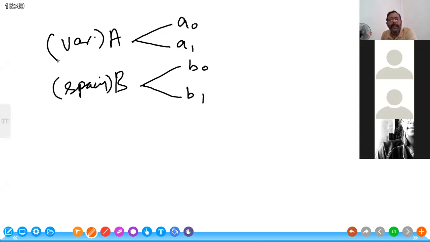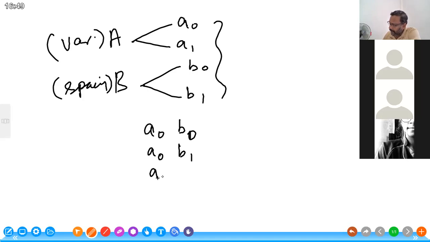Right? So let's say A is a variety, B is a spacing. We have two spacings, doesn't matter. You understand? Right? So what are the combinations? A0, B0, A0, B1, A1, B0, A1, B1. Do you agree with that? Yes. So this is called treatment combination.